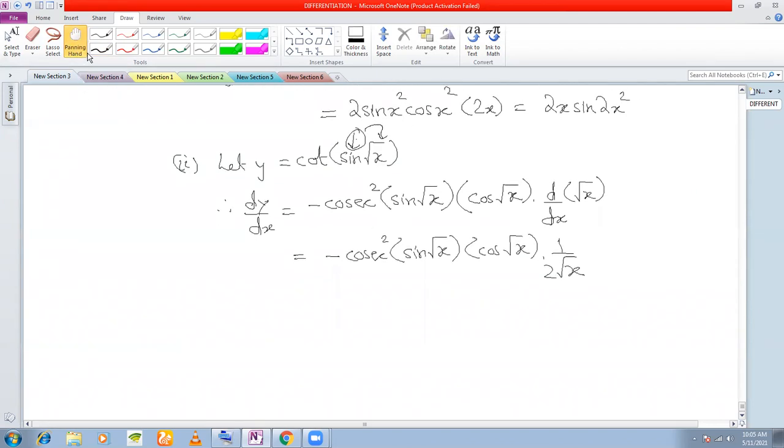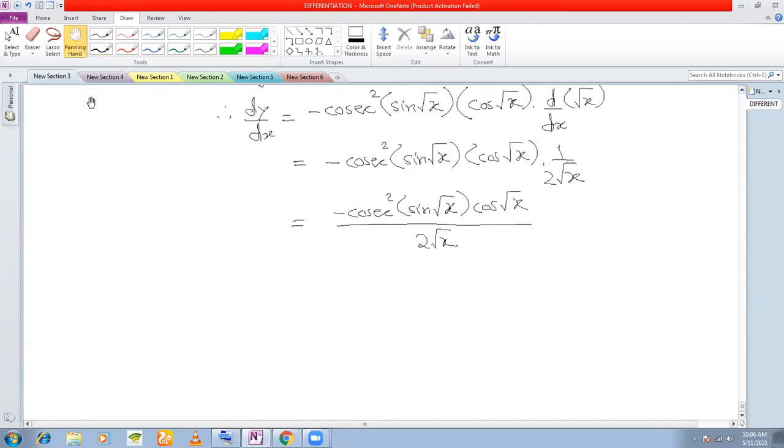Okay. You cannot simplify anything here. So you simply write this as it is. So minus cosec square sine root x cos root x divided by 2 root x. That is your answer.